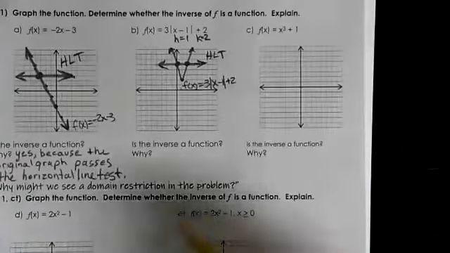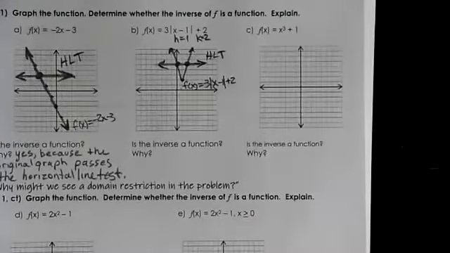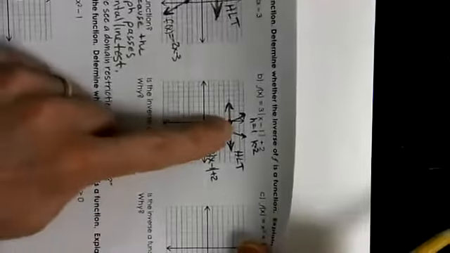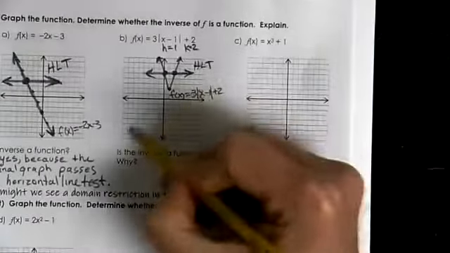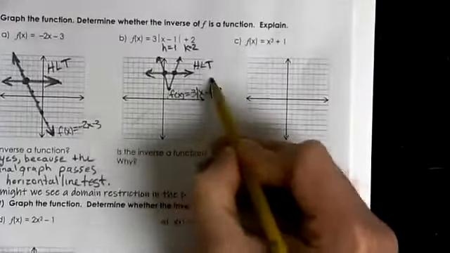So that means a vertical line is going to cross the inverse in 2 spots. It'll kind of look like this, but it's actually going to be above the x-axis, not below the x-axis. It's pretty much exactly going to look like that, but that's hard to see. So anyway, it's reflecting over the line y equals x, and it would be over here.